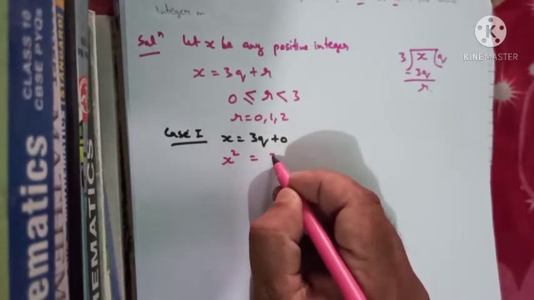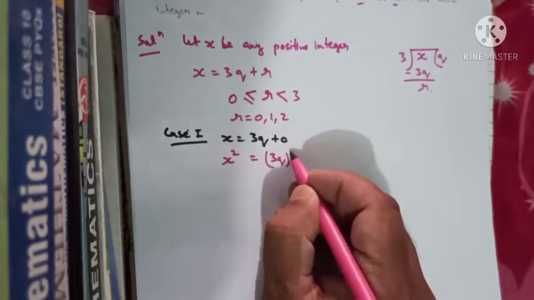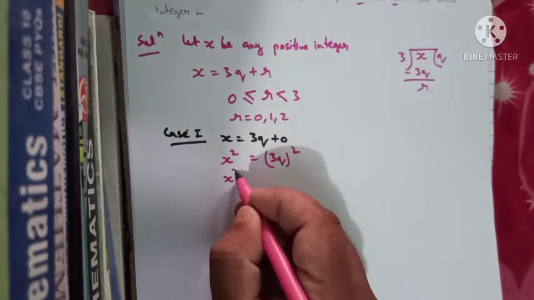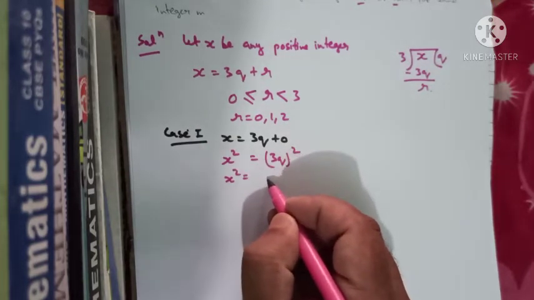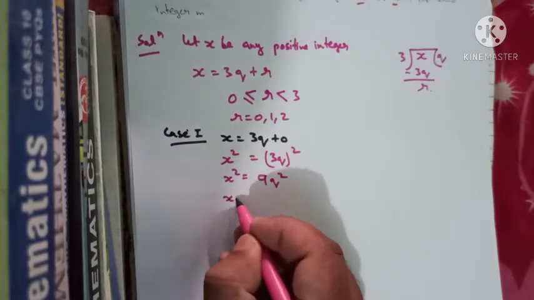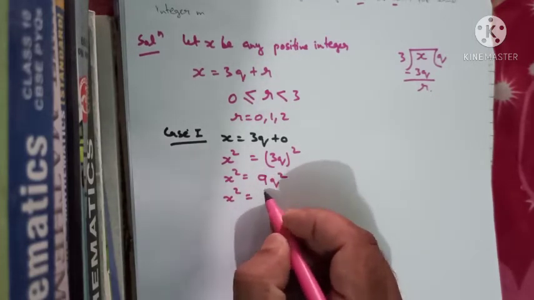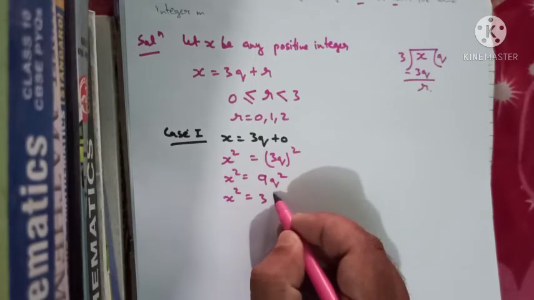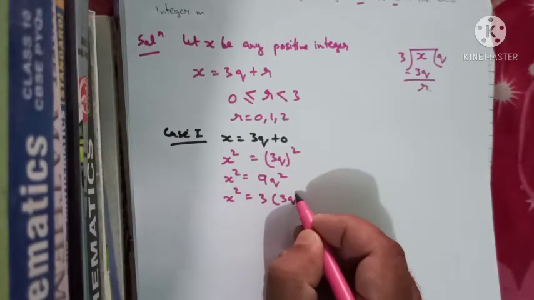It will be equal to the square of 3q. So we are getting x square as the square of 3, which is 9q square. So it can also be written as 3 times 3q square.